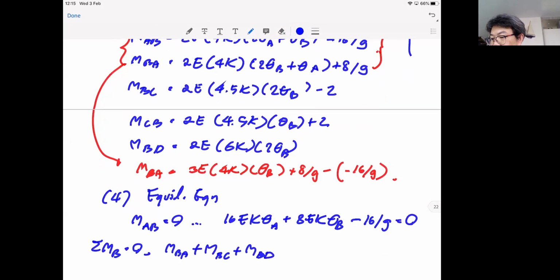Okay, but if you begin your equation like this, you must be careful, because if you have zeta A and zeta B, your MBA here must be this one.